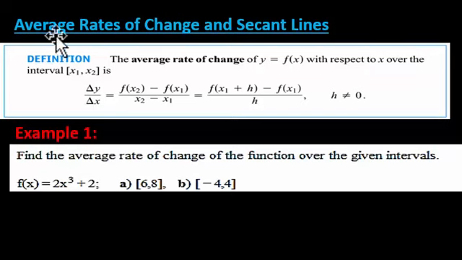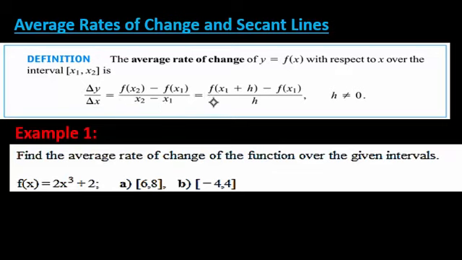This is just a formal definition. By definition, the average rate of change of any function y equals f of x with respect to x. In our case, our x's were months and the y values were kilograms. Over an interval, say from 0 to 6, it's delta y over delta x, which is y2 minus y1 over x2 minus x1.